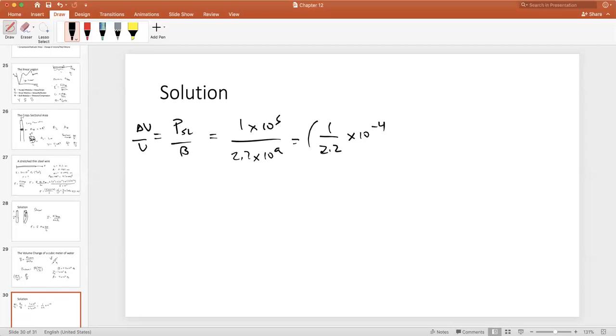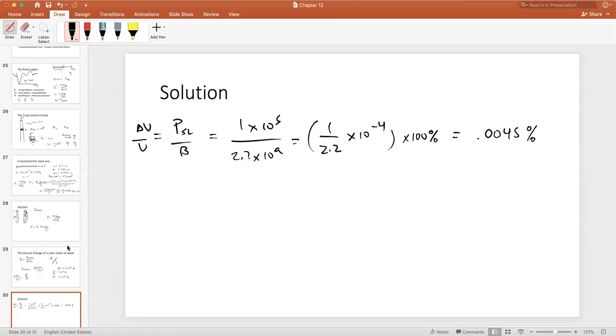If I multiply this whole thing by 100%, I get the percent change. And so I get 1 divided by 2.2 times 0.001. I get 0.0045%, okay? Which is very small.